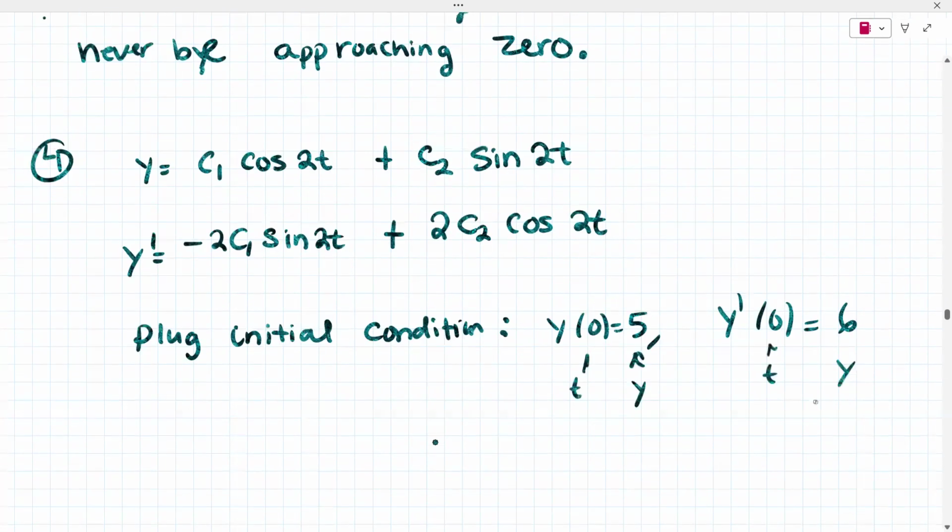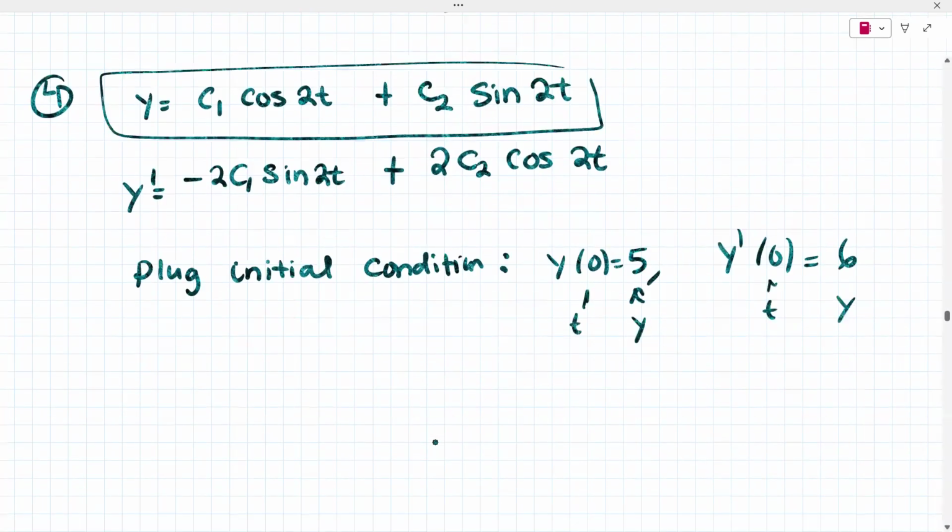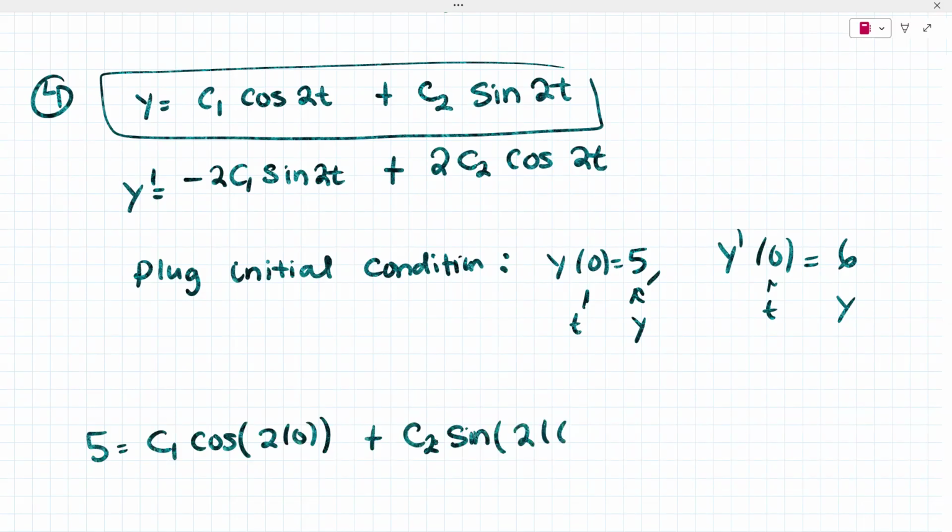Let's look at the first one right here. We said our y is 5, so it's going to be 5 equals c1 cosine of 2 times 0 plus c2 sine of 2 times 0.